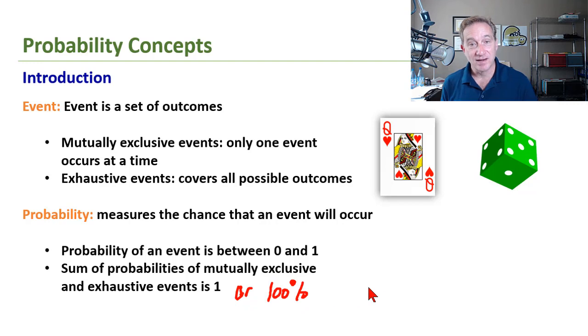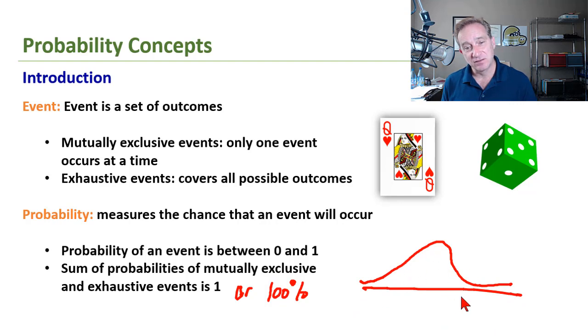And this is why not all distributions are probability distributions. A probability distribution is a very specific type of distribution where, if I draw a density curve, for example, my pretty lame normal, this could be any sort of distribution, but if the area under this curve was greater than 100%, we wouldn't have a probability.